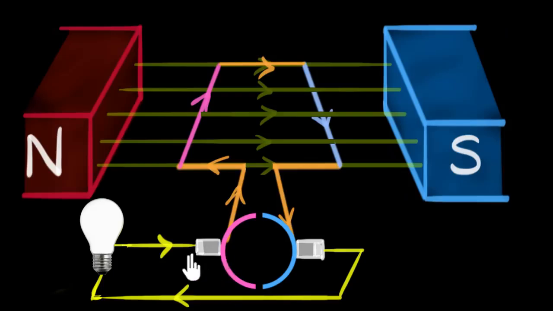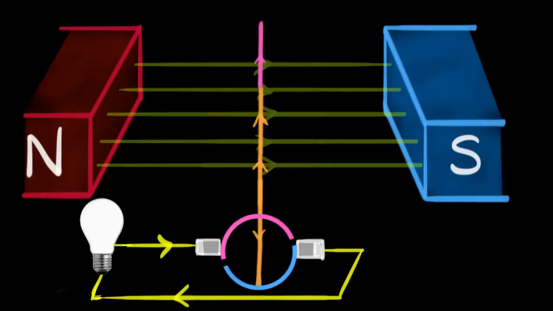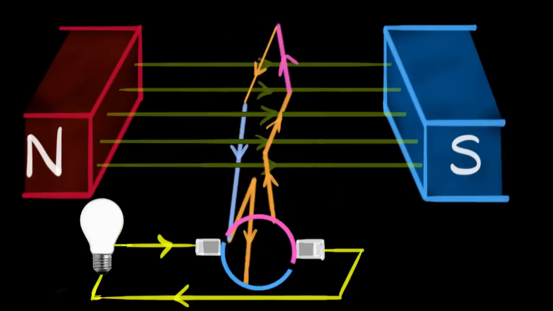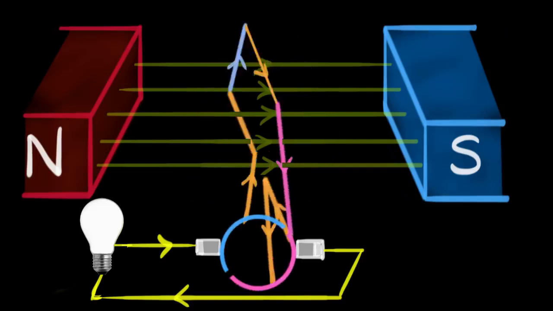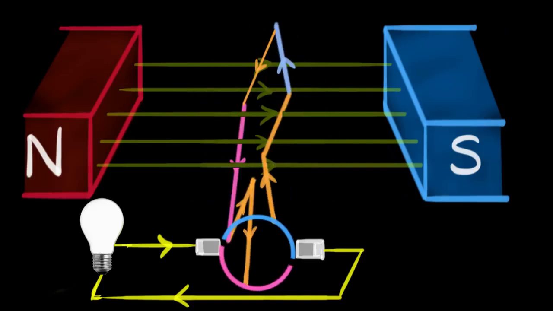So right now, this brush is in contact with the pink side. But as the coil rotates and comes to this position, the current reverses, and now notice the brush is in contact with the blue side, making sure the current still flows in the same direction through the bulb. Again, as the coil comes to this position, finishing another half a rotation, notice it has changed contact.